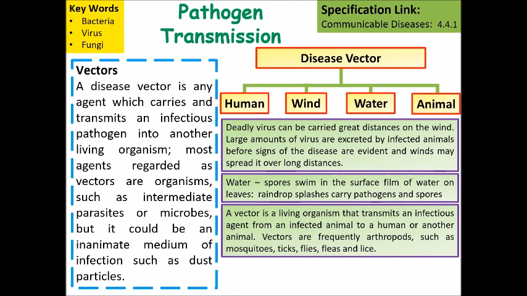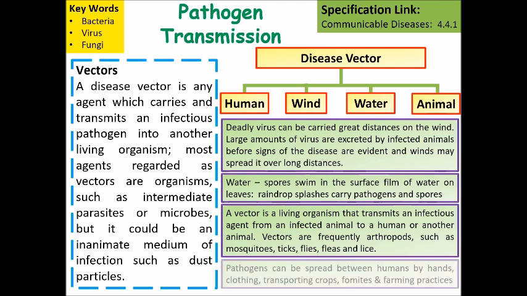We have living vectors, so things like mosquitoes, fleas, ticks and lice. And finally, pathogens can be passed by humans, either on hands, clothing, by transporting crops, or by various farming practices.